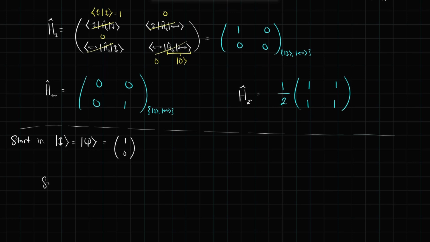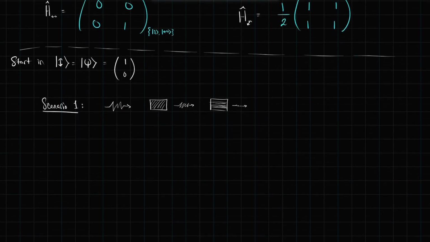There's scenario 1, where we have the 45-degree photon, and then horizontal. We have our horizontal photon. Or there's scenario 2, where we have a vertical photon and then only the horizontal polarizer, and then we test for a horizontal photon. We have cases for each one of these.